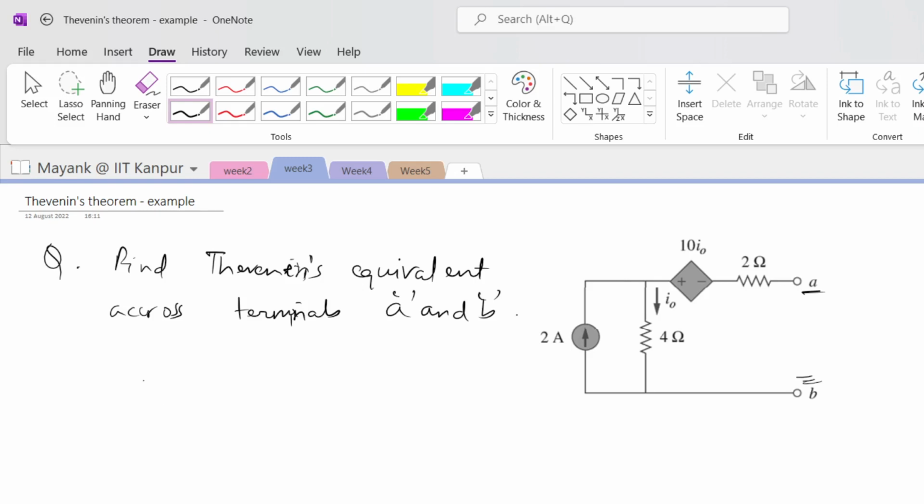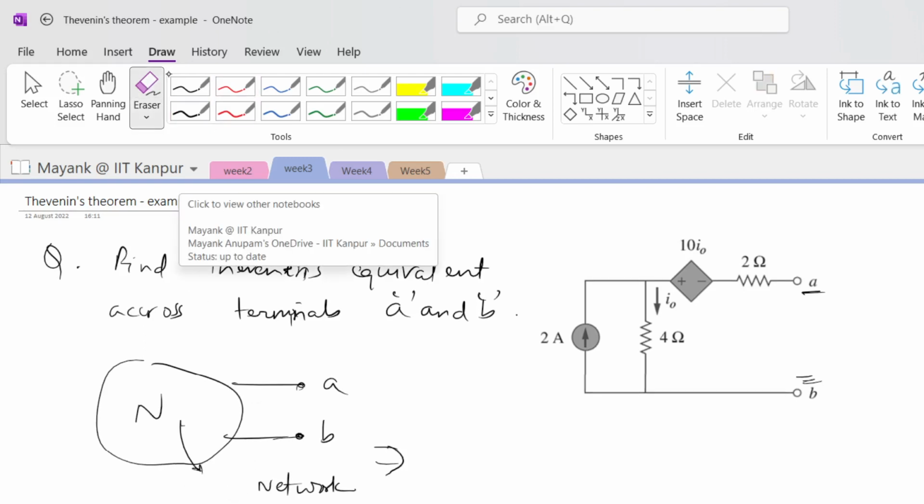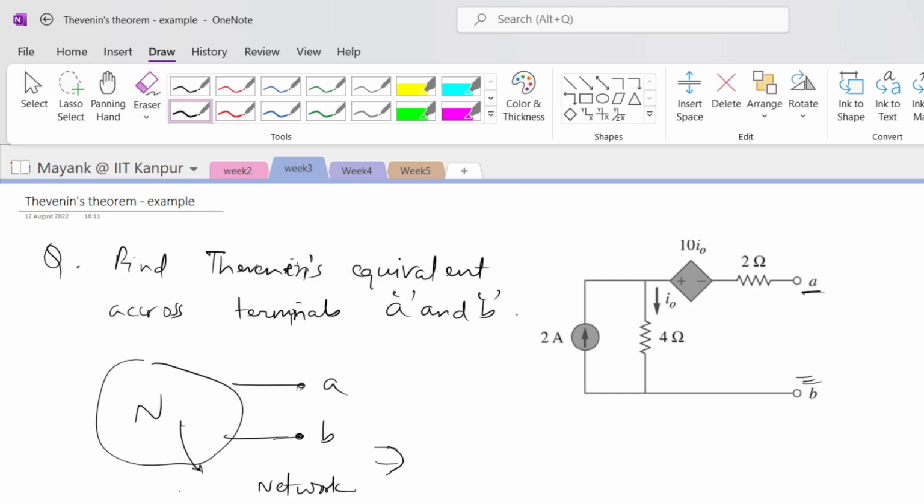So what is Thevenin's equivalent, by the way? Suppose you have a network here and you have two terminals coming out. This is, let's say, A, B. If this is a DC, linear, LTI network, in that case you can replace this whole network with its equivalent.